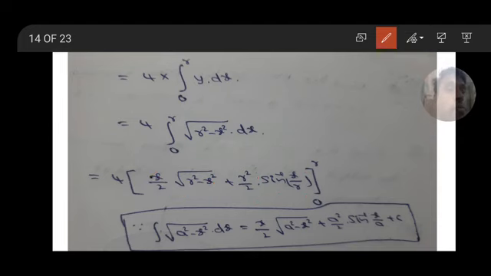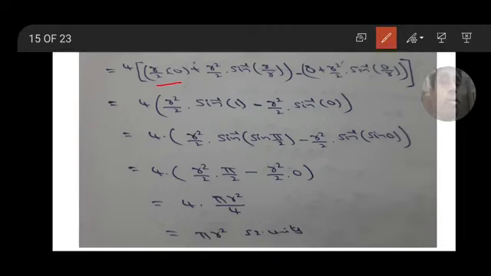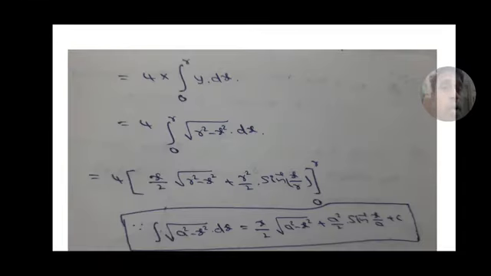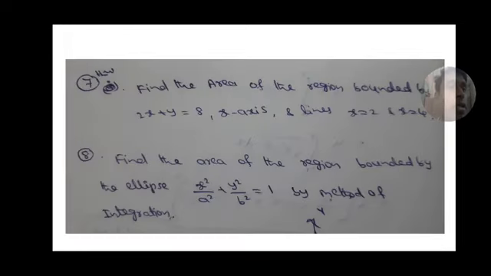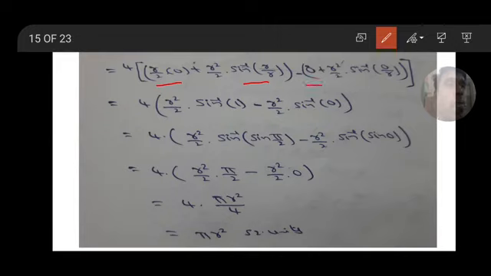Now substitute 0, what happens? 0 into this term, the whole term becomes 0, plus r square by 2 into sin inverse 0 by r. So 0 plus r square by 2 into sin inverse 0 by r. This term is total 0.